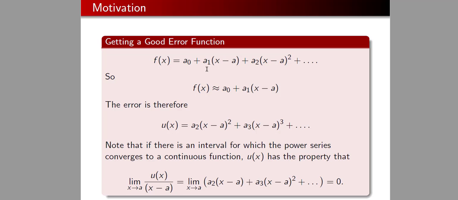In this case, for values of x that are close to a, the squared term and the terms beyond that will be very small, and so f is approximated by a naught plus a1 times x minus a. So it's approximated by a line.